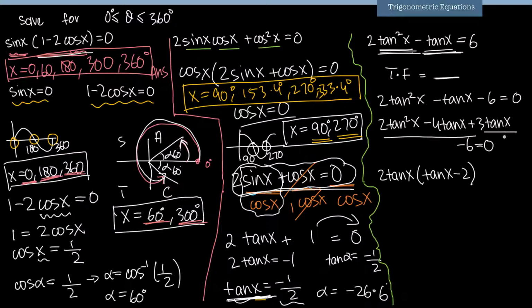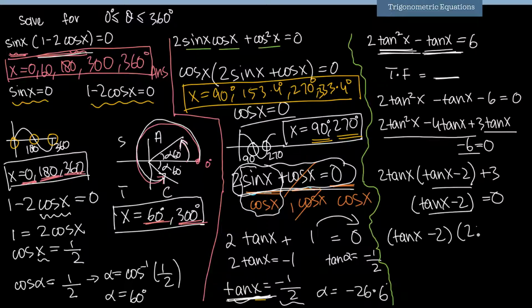And in the last two terms, if I take 3 common, so plus 3, I'll get tan x minus 2. These two brackets are the same, means I have factorized correctly. So the two factors that I get are tan x minus 2 and 2 tan x plus 3 equals to 0.